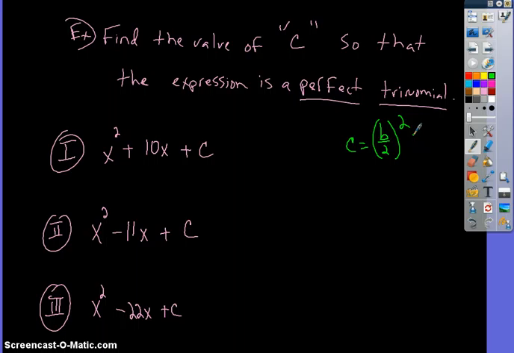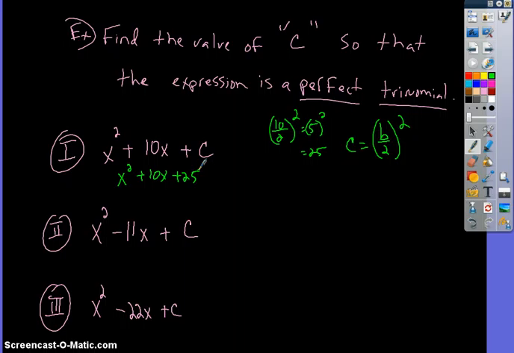So you know what half of b is, you simply square it. In this case, b is 10, so it's going to have to be 10 divided by 2, squared, which is 5 squared, which is 25. So that means the polynomial should be x squared plus 10x plus 25, and that's a perfect trinomial.